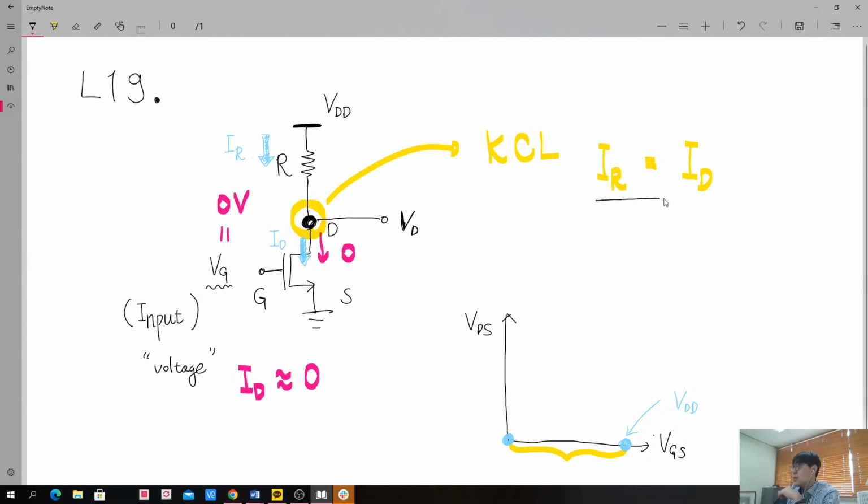So if we have KCL, then especially when gate voltage is equal to 0, we know drain current is equal to 0. So quite easily we can find that IR should be 0.